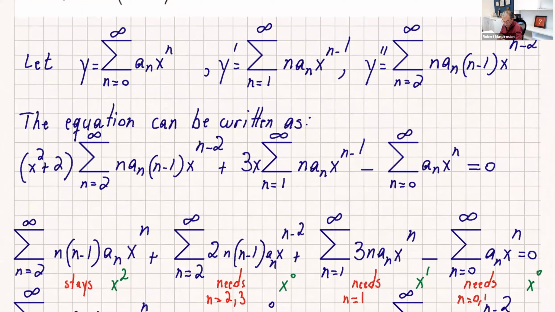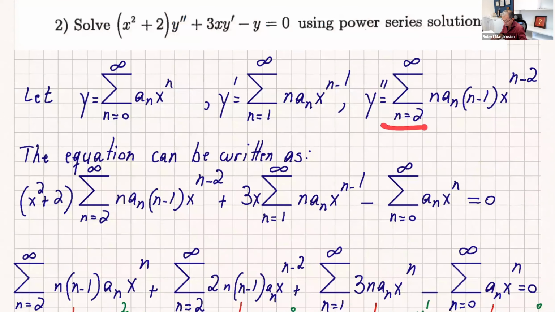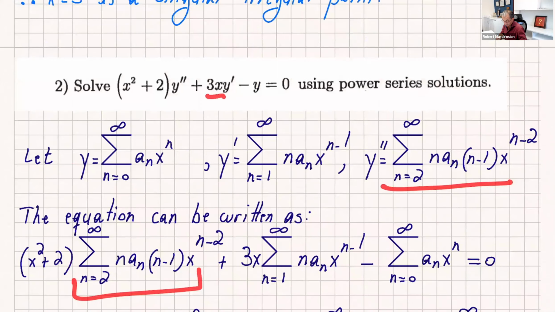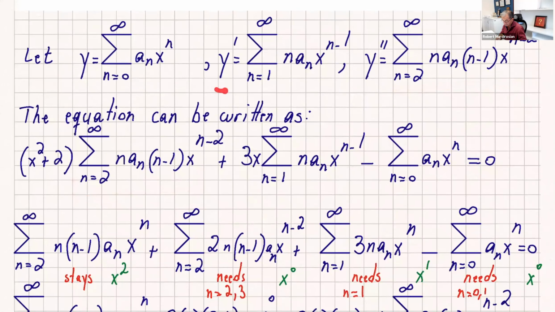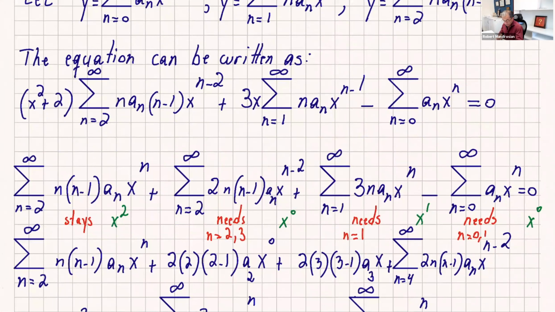If you substitute into the equation, we have (x squared plus 2) times y double prime, plus 3x times y prime, minus y, equals 0. Now distribute to x squared and to 2.